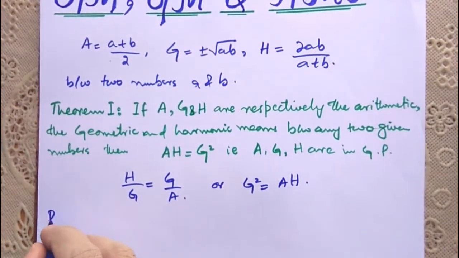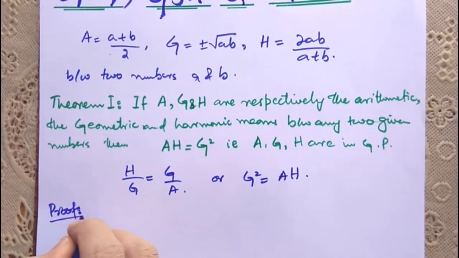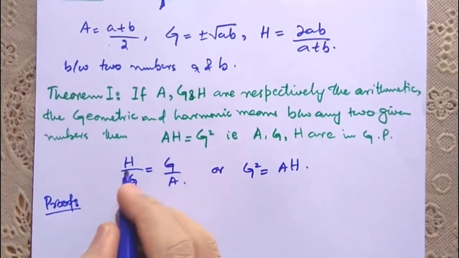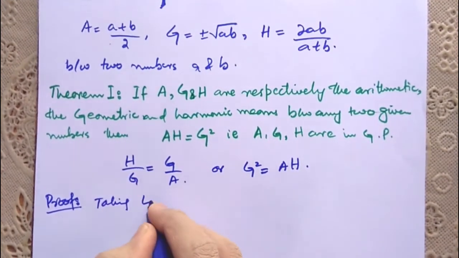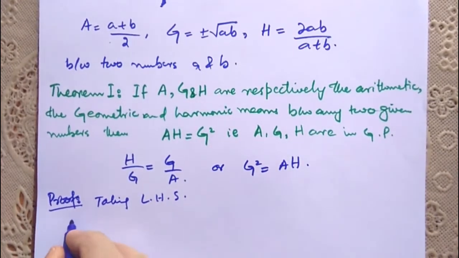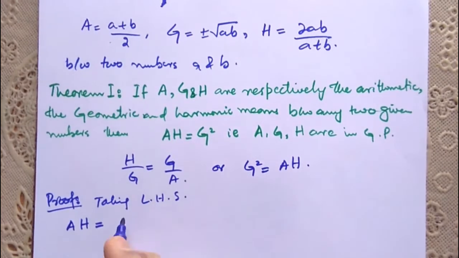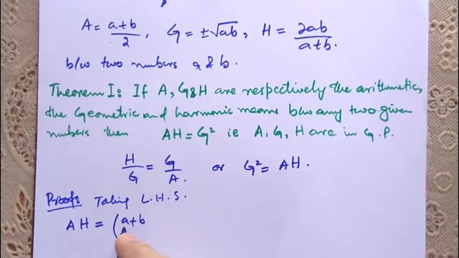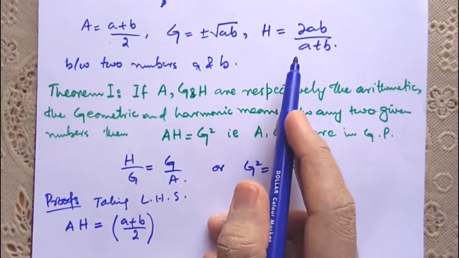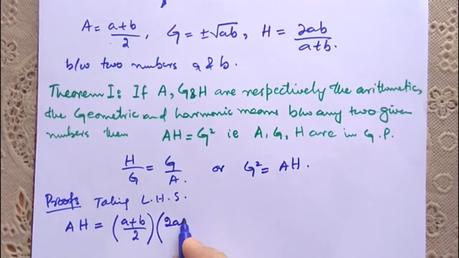So let me prove it. Now taking the left hand side, AH. A is equal to (a plus b) upon 2, and H is equal to 2ab upon (a plus b).